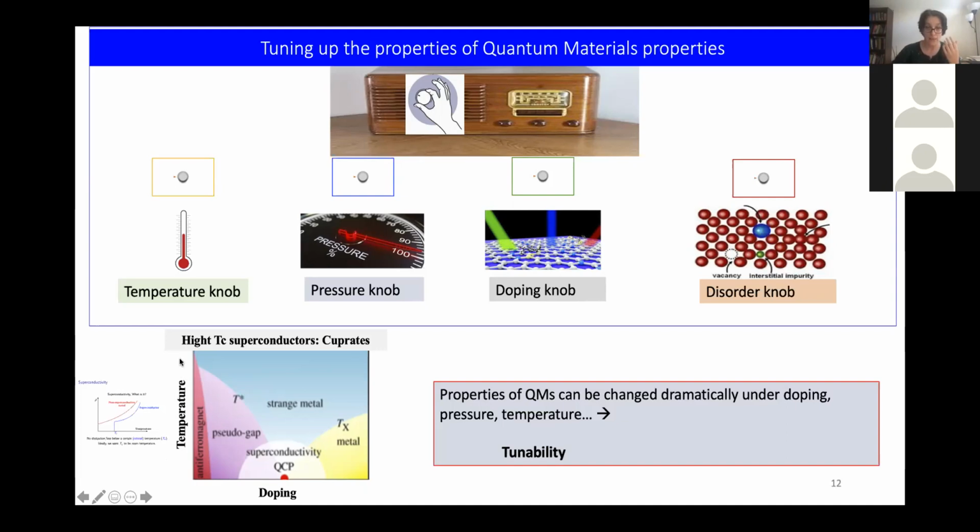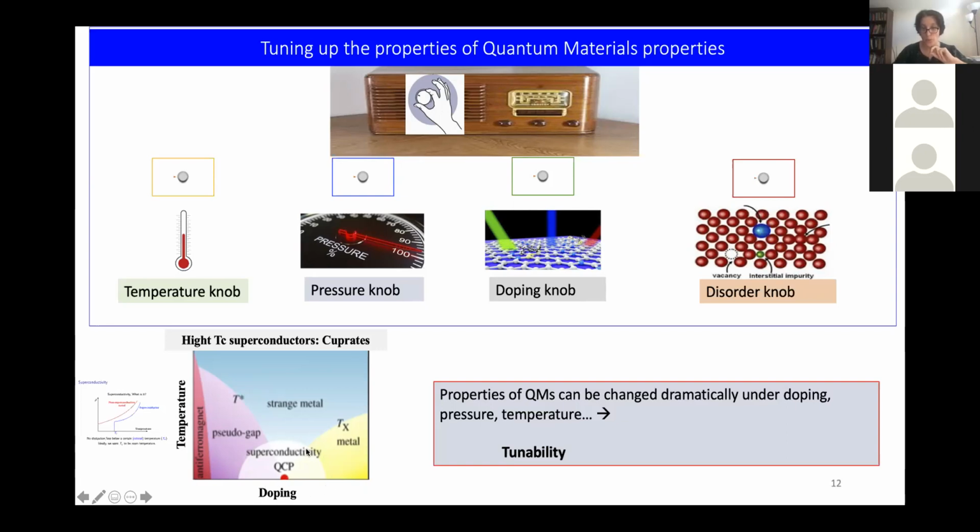Here is, for example, a temperature-doping phase diagram of high temperature superconductors, where these different colors represent different states of matter. You can have an antiferromagnet, so some quantum magnet. You can have a strange metal. And as you dope the material, as you introduce different atoms into the sample, superconductivity emerges in this region.